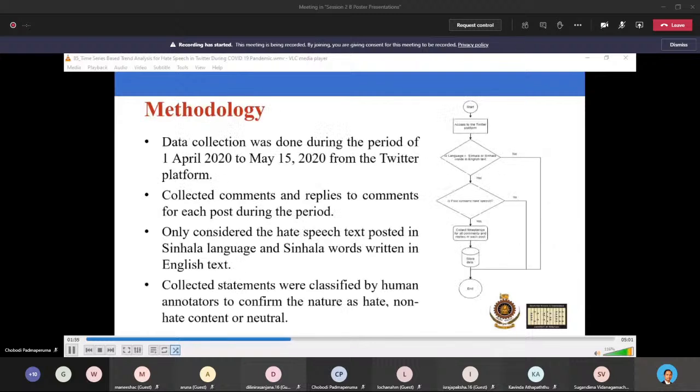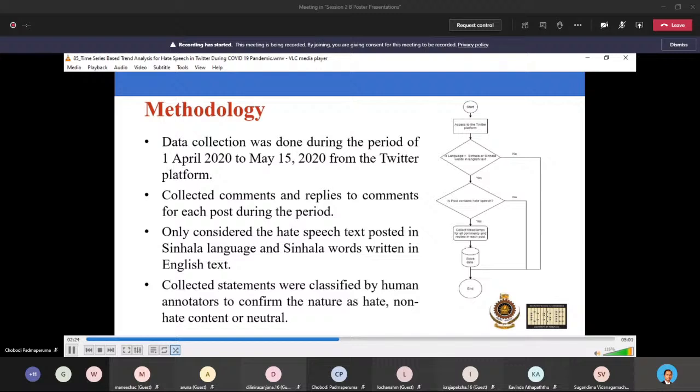We have collected data from the Twitter API during April 1st to May 15th, 2020. Then the collected tweets were classified by humans to identify whether those are hate speech or not. Once identified, it's in Sinhala language and it's hate speech.